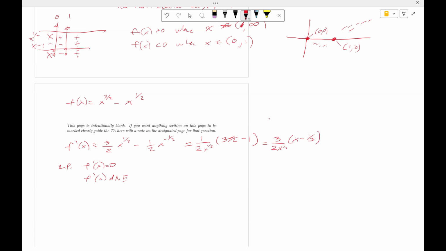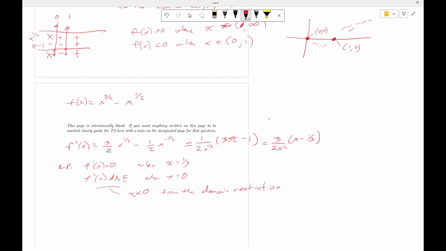Now it's crystal clear to me that the derivative equals 0 when x equals 1/3, and it does not exist when x equals 0. And it also does not exist when x is less than 0 from the domain restriction.